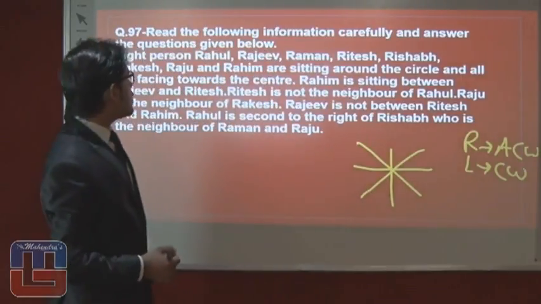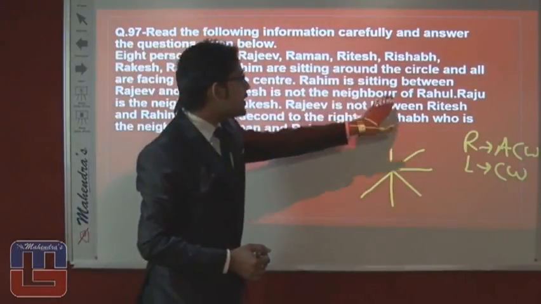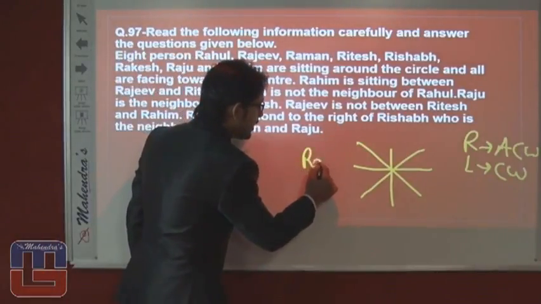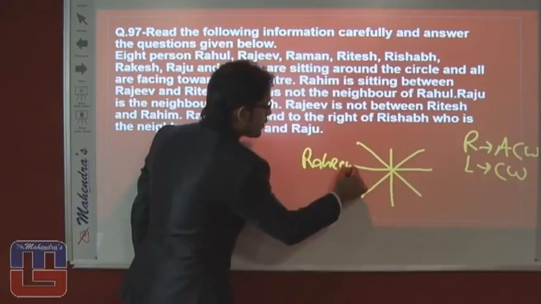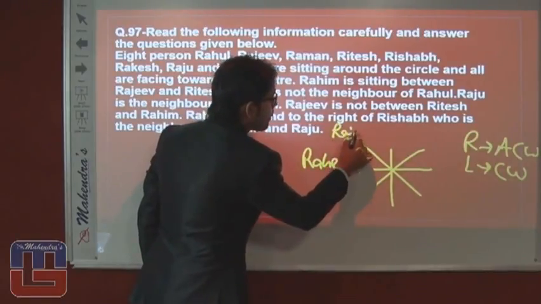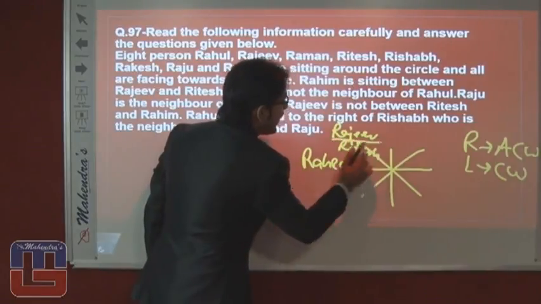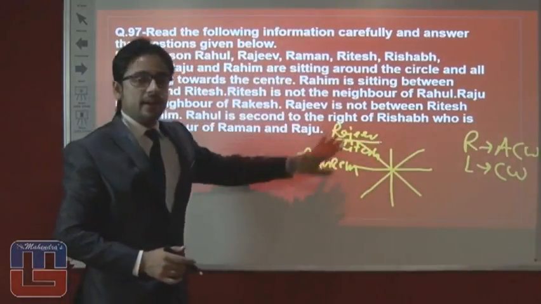First statement is saying Rahim is sitting between Rajiv and Ritesh. Still we don't know the exact place for Ritesh and Rajiv.